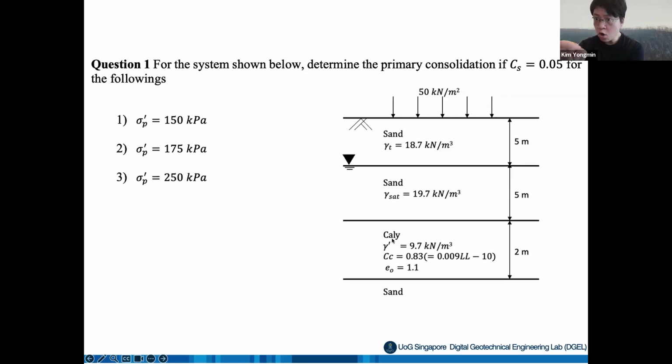This is your clay layer's effective stress at the center point. We call it the average effective stress. This one is the same as this, effective stress greater than this.